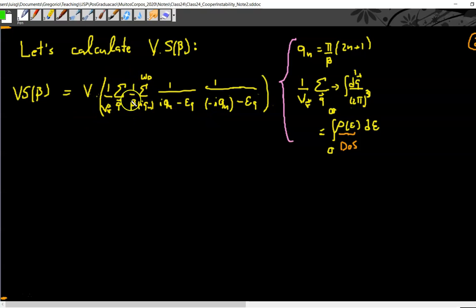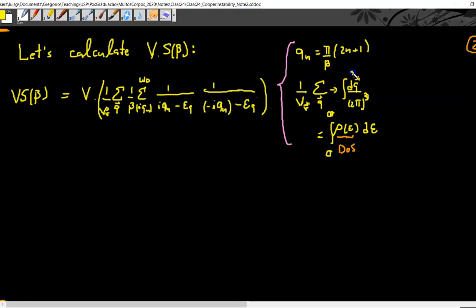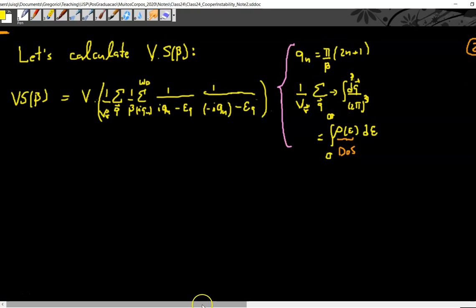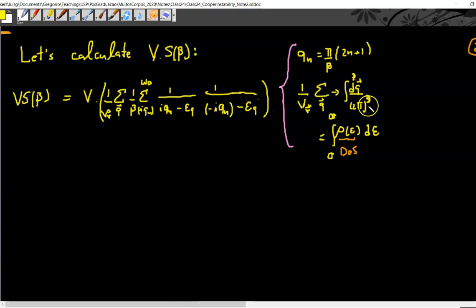Now, of course, I want to take the continuum limit here. So 1 over v sum over q goes into an integral. This should be a 3. So the 3-dimensional integral goes to the volume in q space, right? And I can actually replace this, and we did that in the class on the electron gas, by an integral in energy using the density of states as my weight, right?